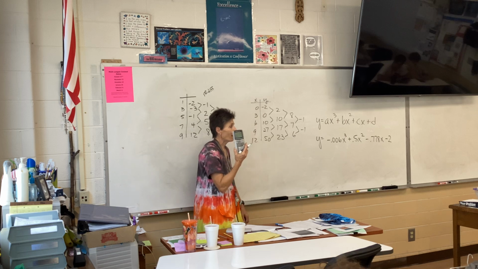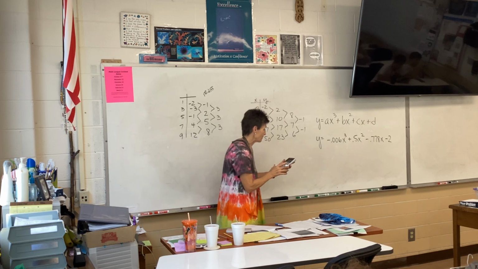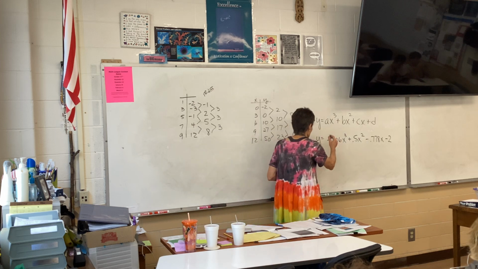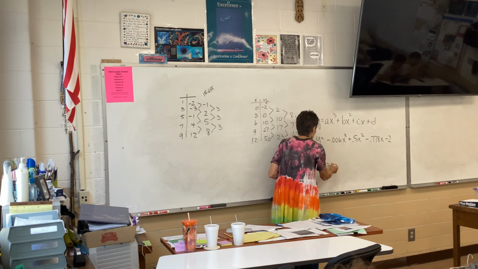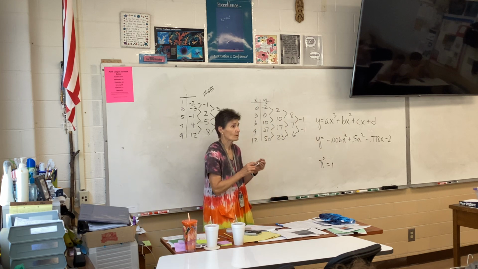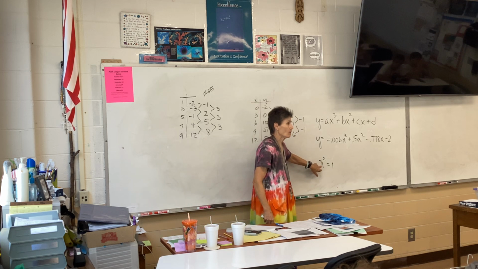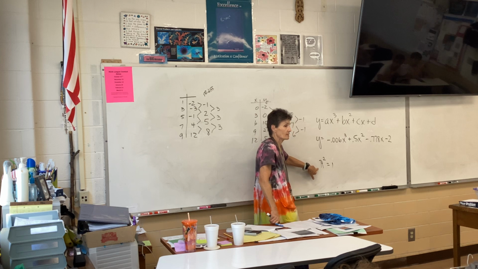But mine, I have told it to give me this, and down at the bottom of all the A's, B's, and C's, it says R squared equals 1. One of the things we're going to learn in this unit, I think, is that that number is really, really important.